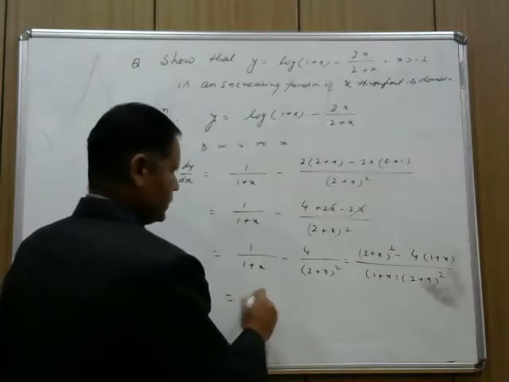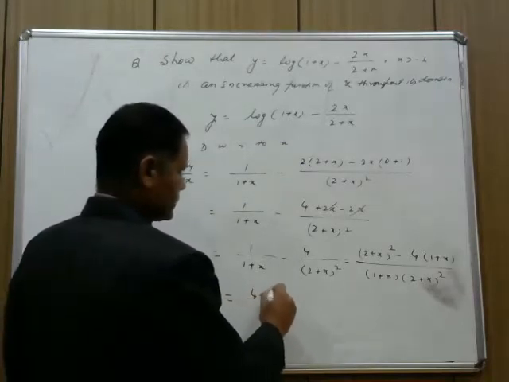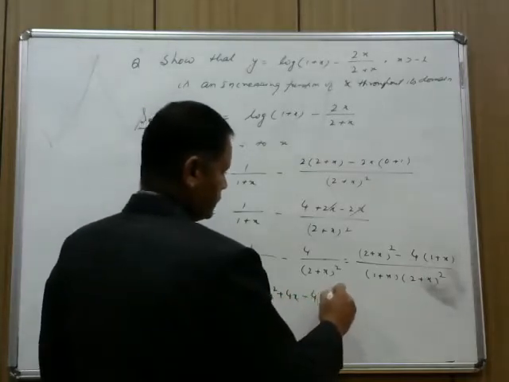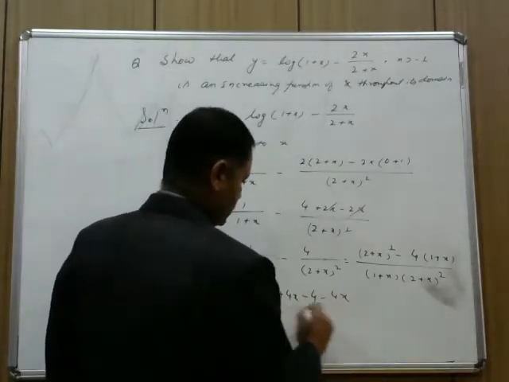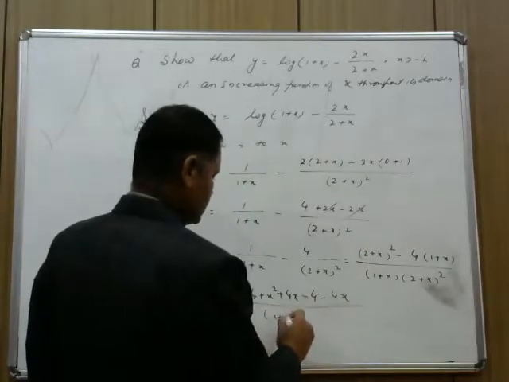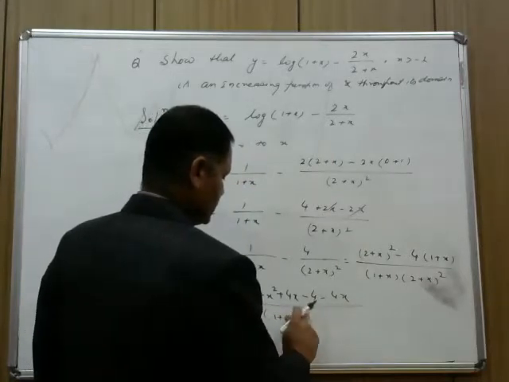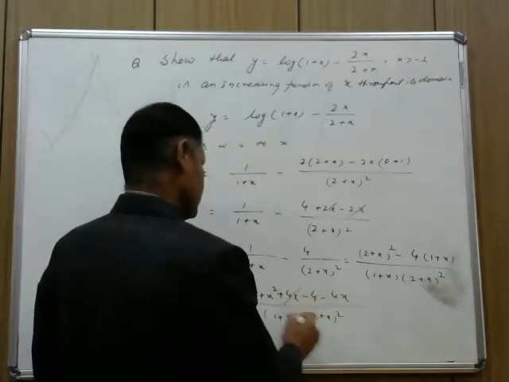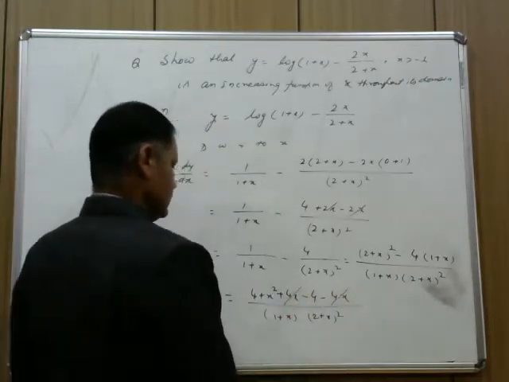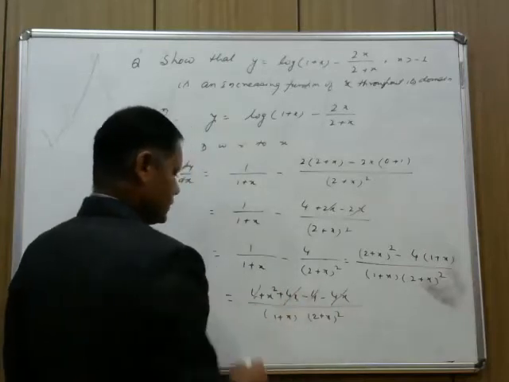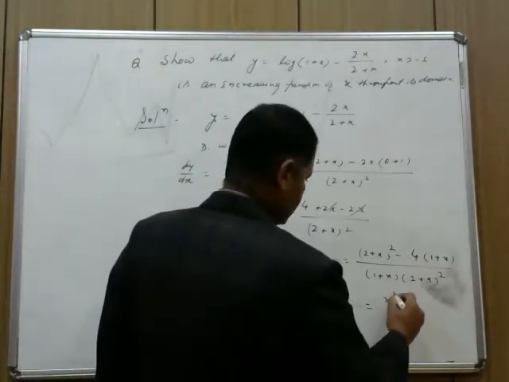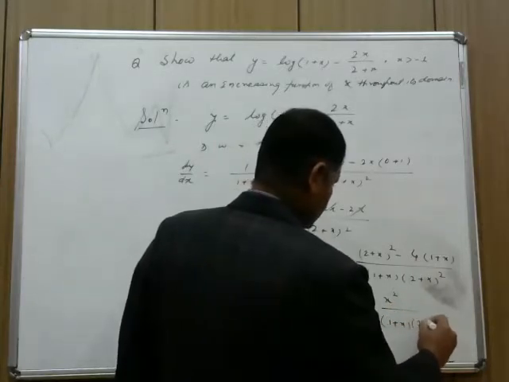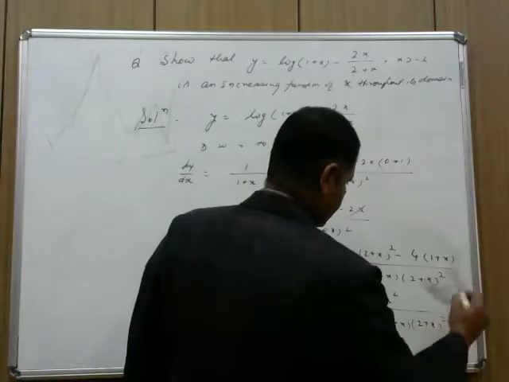This is 4 + x square + 4x - 4 - 4x, whole divided by (1 + x) and (2 + x) square. Plus 4x minus 4x is cancelled, plus 4 minus 4 is cancelled, left with x square by (1 + x) into (2 + x) whole square.